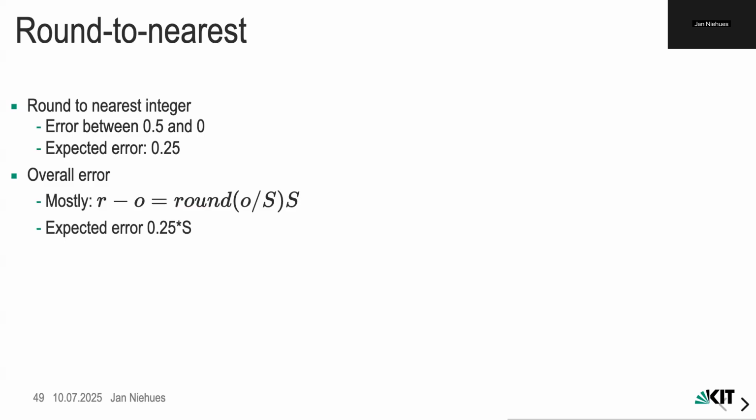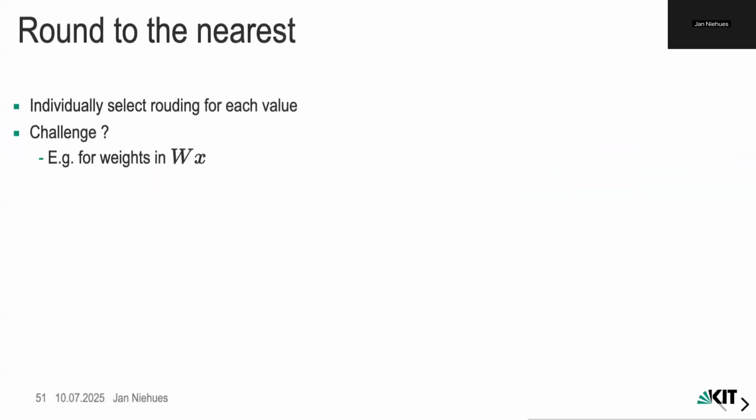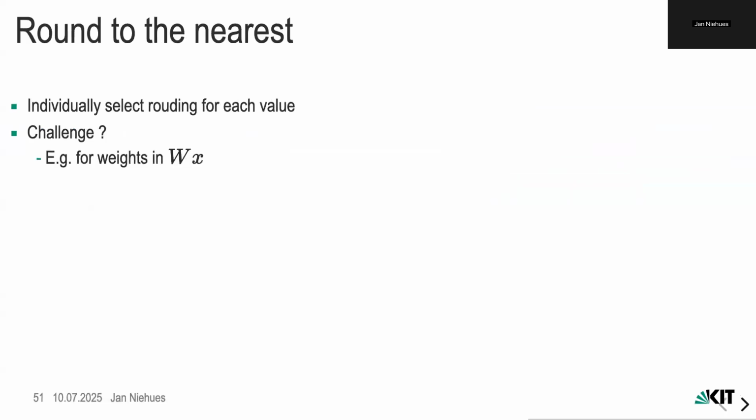To investigate where we can look to minimize the effect of the rounding errors, there are two things which are currently very commonly used. One is a variation of what is called optimal brain quantization. What is the idea behind that?